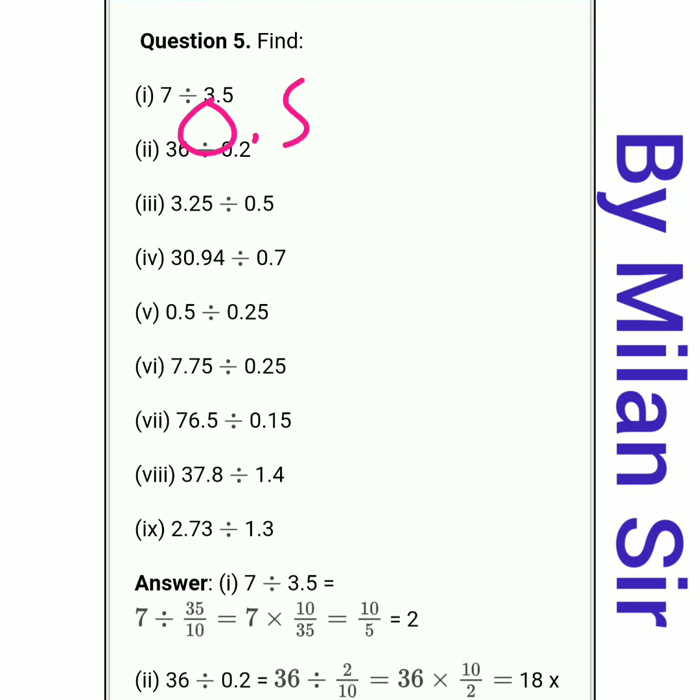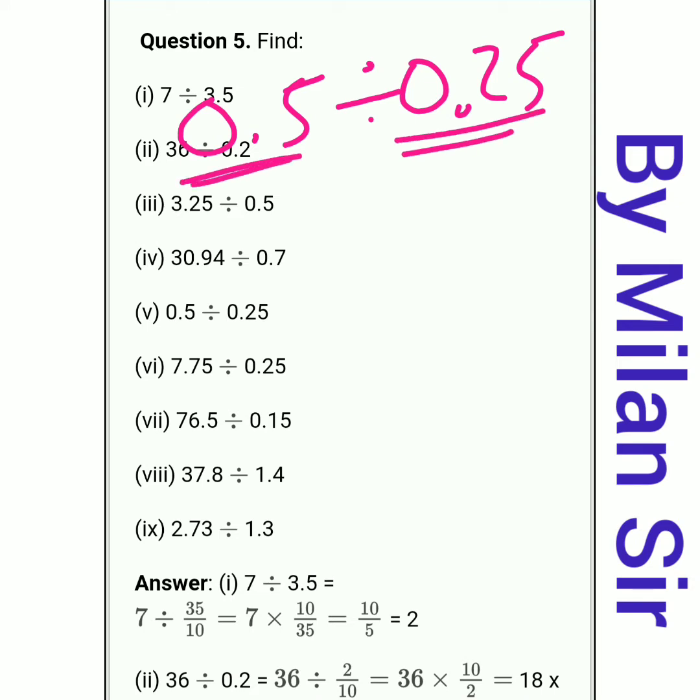0.5 divided by 0.25. First of all, we need to convert both these decimal numbers into fractions. Ignore the decimal point, so for 0.5 we write only 5.